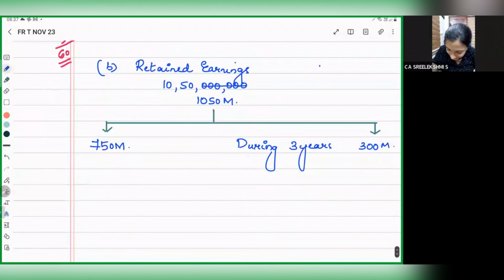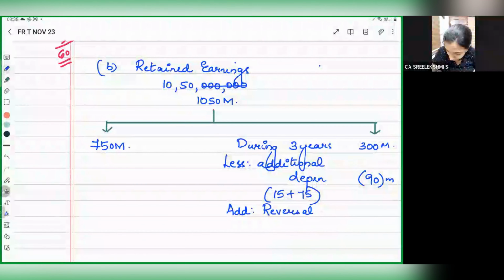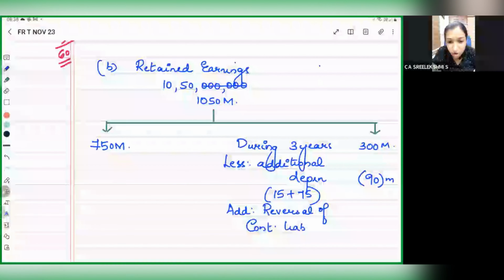What are the adjustments? Less additional depreciation, brackets 15 plus 75, 90 additional depreciation. Add reversal of contingent liability. You're all doing that.